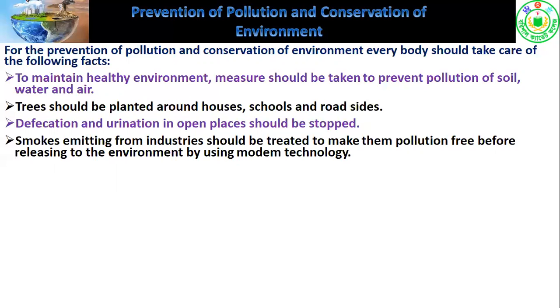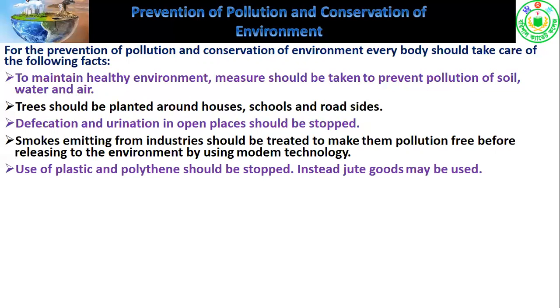Smoke emitting from industries should be treated to make it pollution free before releasing it to the environment, by using modern technology. Use of plastic and polythene should be stopped. Instead, jute goods may be used, as jute easily rots and mixes up with the soil.